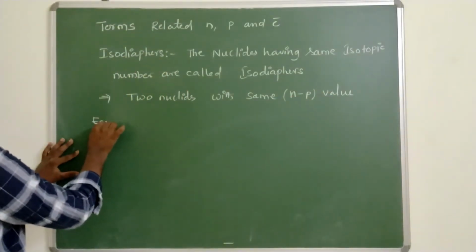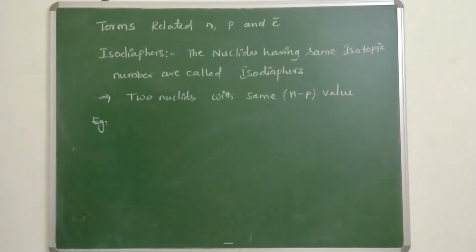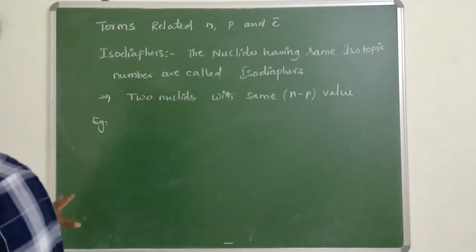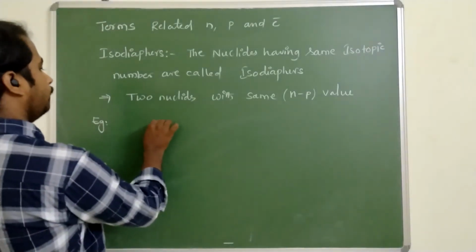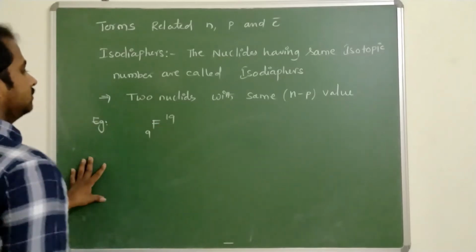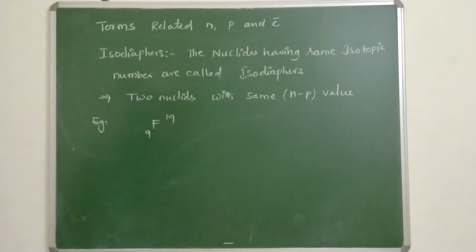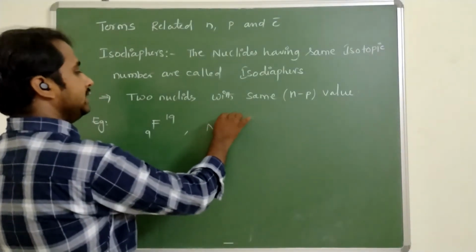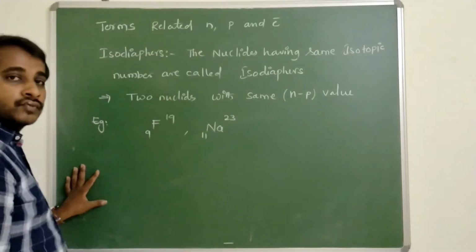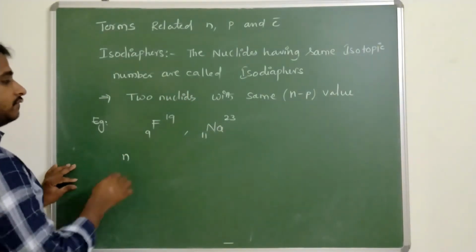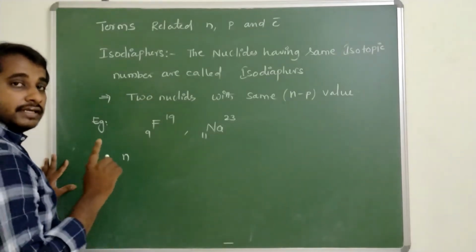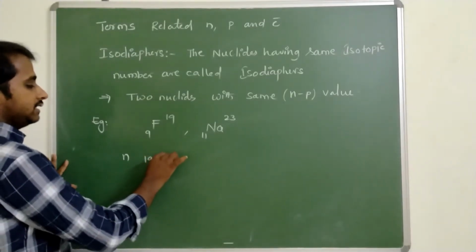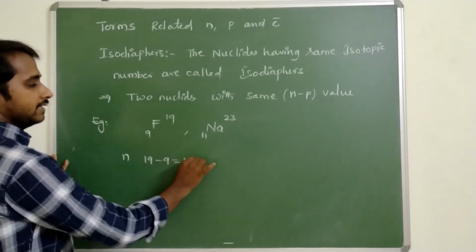Example: fluorine 9F19 and sodium 11Na23. What is the n value in 9F19? 19 minus 9, so it is 10.